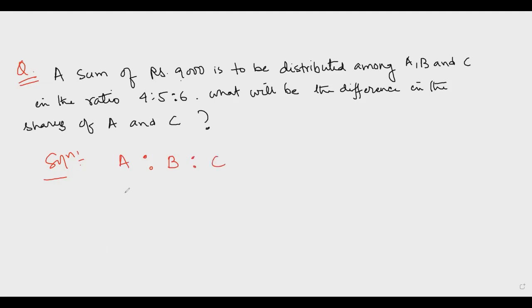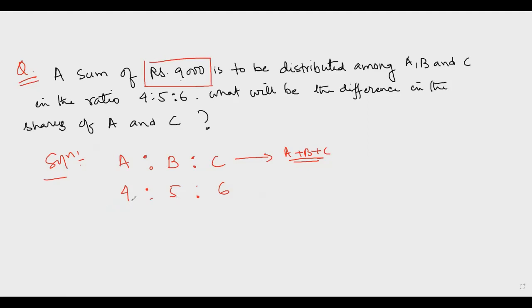Okay, what is the ratio here? 4, 5, and 6. Now please add all of this. Why am I adding this? Because it is given that the sum is 9,000.